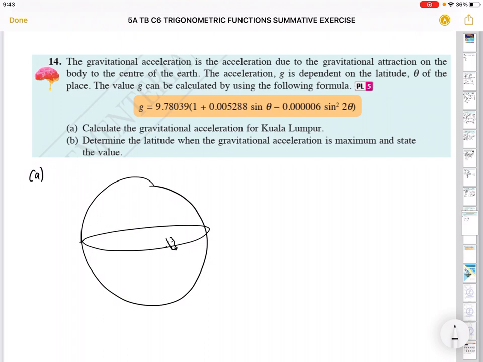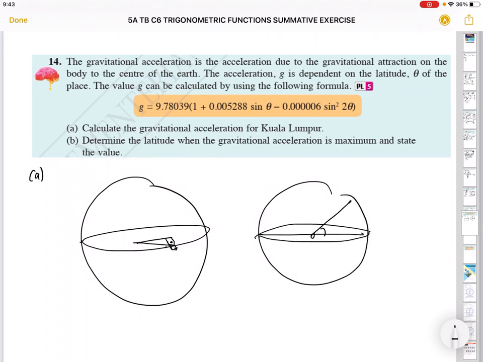Your maximum you can go is North Pole. So for example, if this is 30 degrees from your equator, this will be 30 degrees north. Yeah, this is your latitude. Longitude doesn't affect anything, it's the latitude that affects the gravitational acceleration.